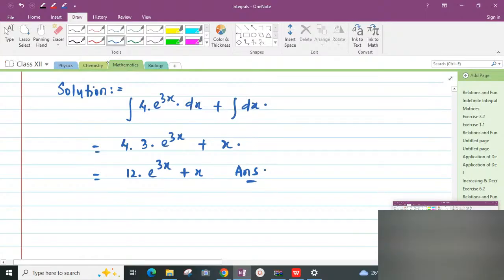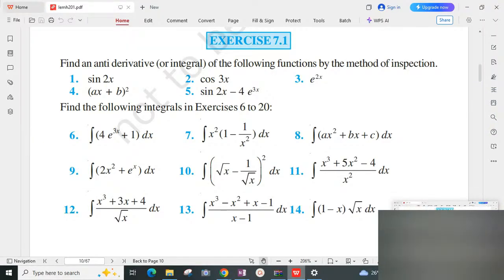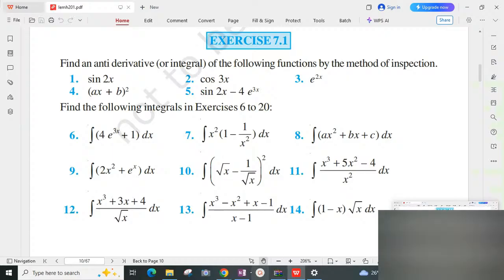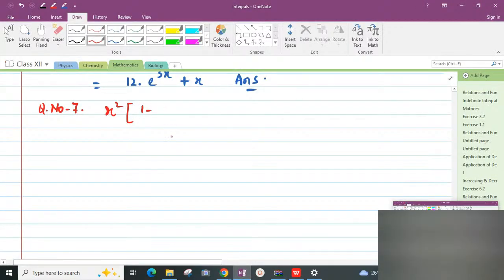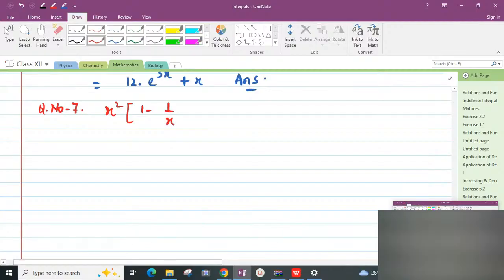Let's see question number 7: integral of x square whole square 1 minus x square into dx. Let's see the solution of this question.